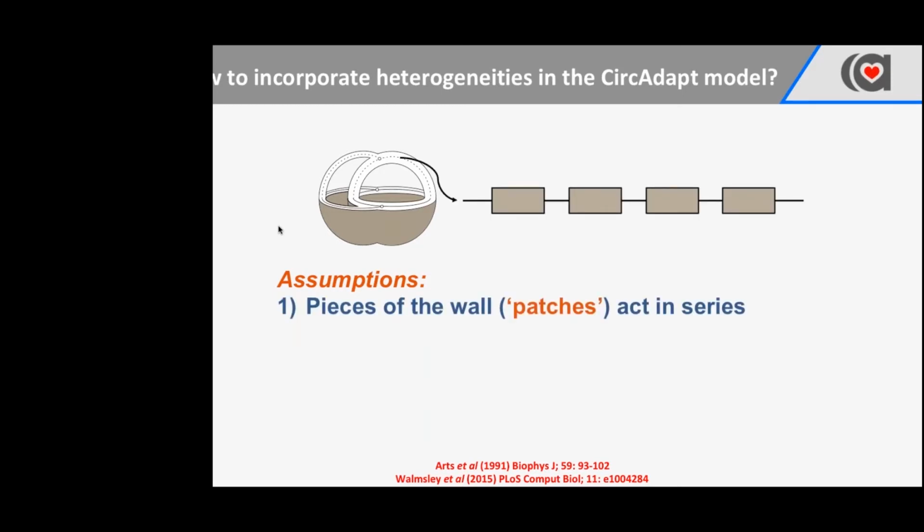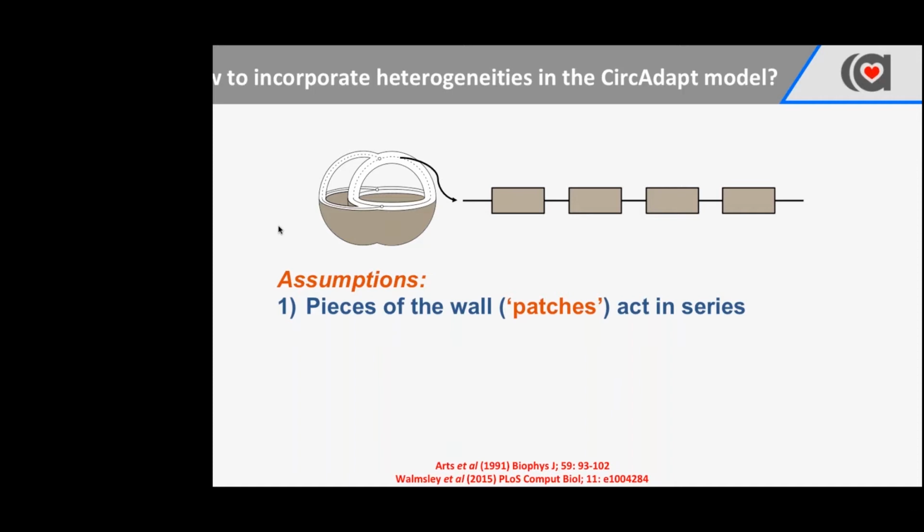But left bundle branch block is, this is a first order approximation if you only say that you have a septum which is early activated and a free wall which is late activated. So we wanted to incorporate heterogeneities in the CircAdapt model too. And for that we made additional assumptions. We assumed that the wall consists of pieces, patches, that act in series, and that every patch has the same kind of module.